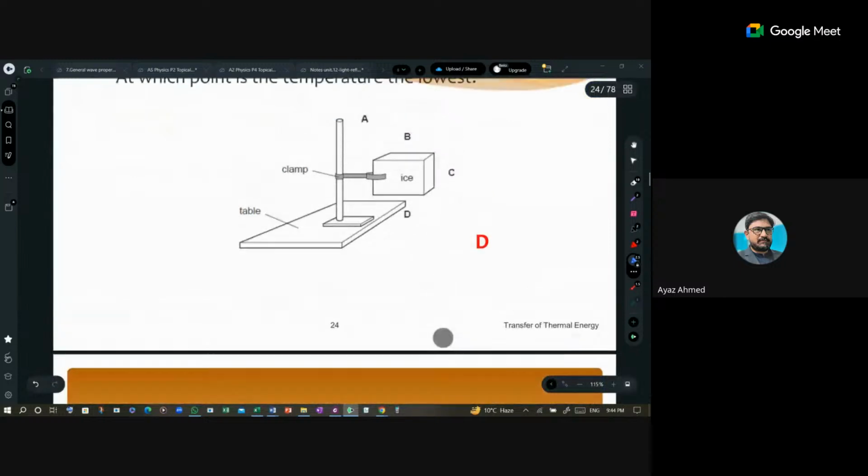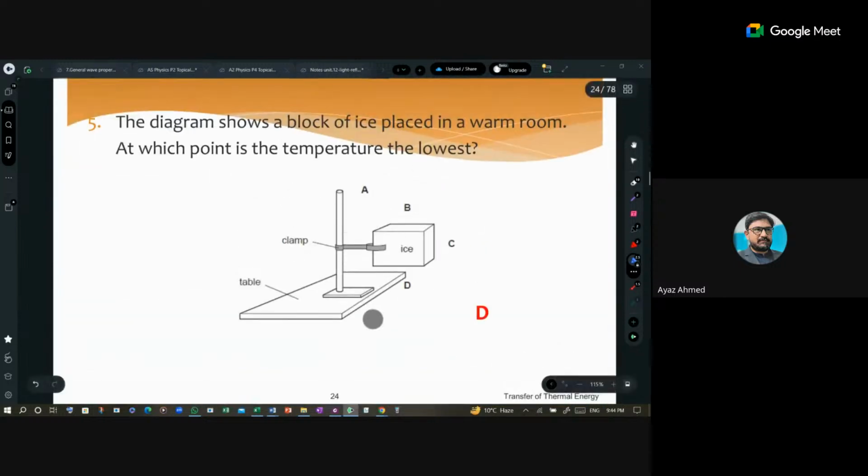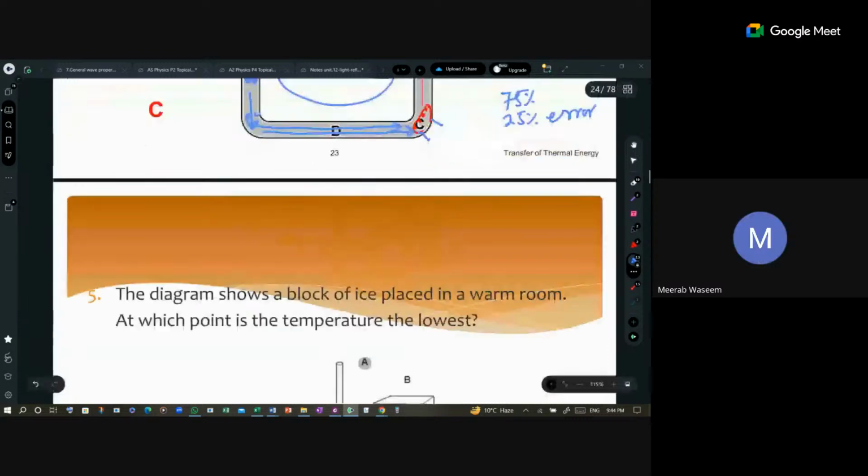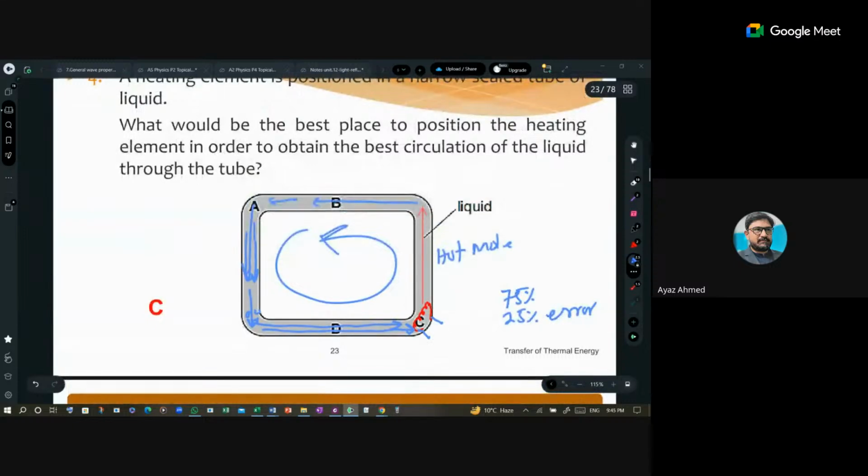Why have I put D here? One minute, repeat this answer. Yes, this one, because I am saying that hot molecules will move upward. When the hot molecule moves upward, the cold molecule will move downward from here and occupy this space which has been created over here.